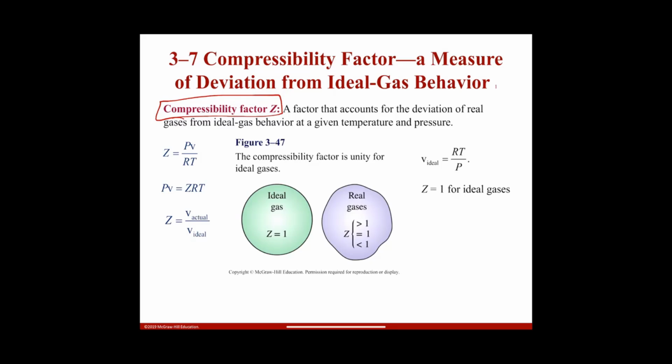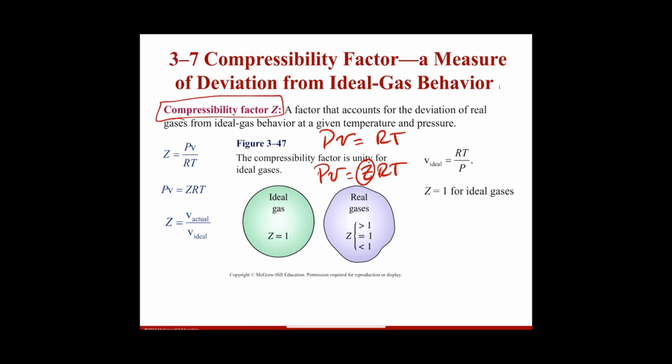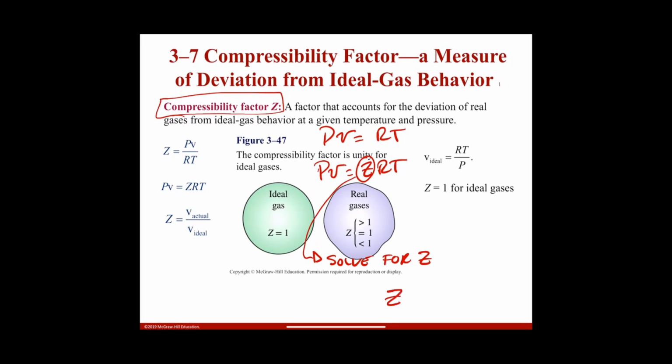So we had before Pv equals RT. Now we're going to talk about Pv equals ZRT. Okay, and this compressibility factor is the one that I'm telling you. So you're going to solve for Z, and we get that Z equals Pv over RT.